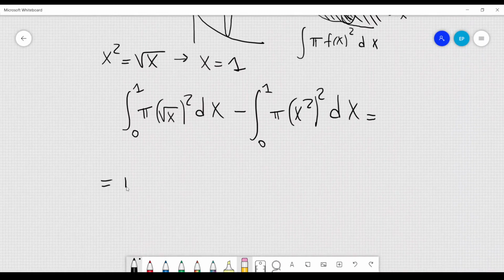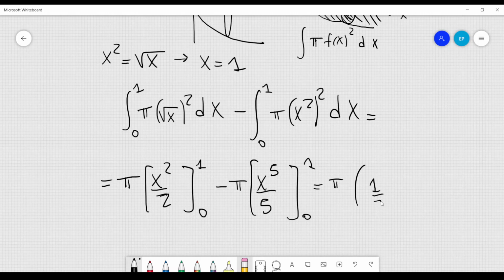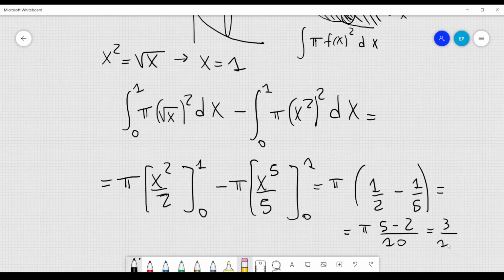We have pi times x squared over 2, evaluated between 0 and 1, minus pi x to the 5th divided by 5 from 0 to 1. So we get pi times 1 half minus 1 over 5, which gives me pi divided by 10 here. Then we have 5 minus 2, so it's 3 over 10 pi.